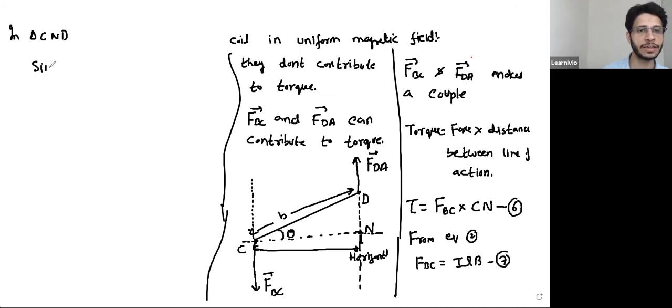How much is sine theta in this triangle? In terms of sides, sine theta is perpendicular, which is BN, by hypotenuse, which is CD.